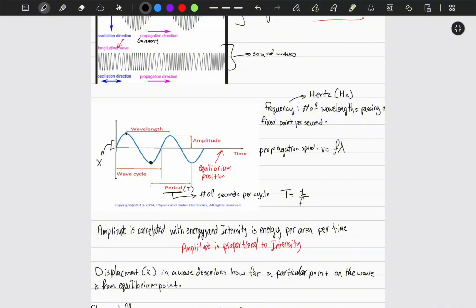So to go from one to the other, that would count as a wavelength. But a wavelength would also be going from here to here. So it depends on how you define it, but it's not going to change whether going from trough to crest or crest to trough.